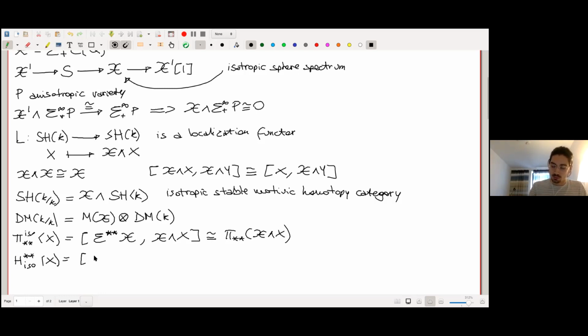This is the suspension of the Eilenberg-MacLane spectrum with Z/l coefficients smashed with chi. So everything is essentially obtained by smashing with this isotropic sphere spectrum.